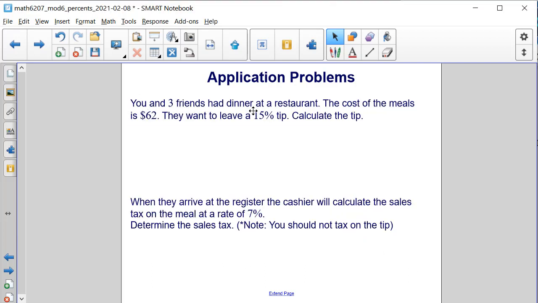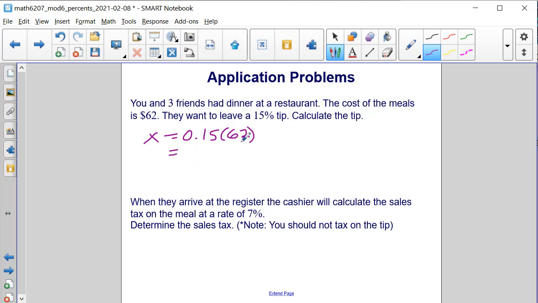You and 3 friends had dinner at a restaurant. The cost of the meals is $62. They want to leave a 15% tip. Calculate it. Okay, so we know that the tip, 15% tip, will be the part. So we can set it up as x is equal to 15% written as a decimal times the total cost, which was $62.